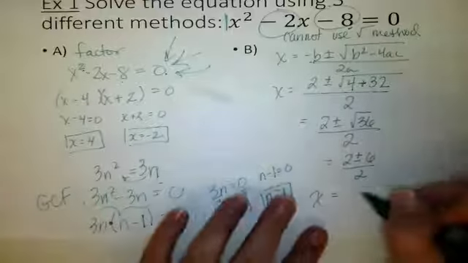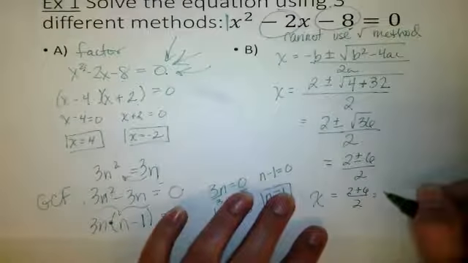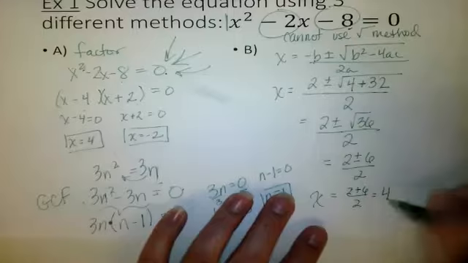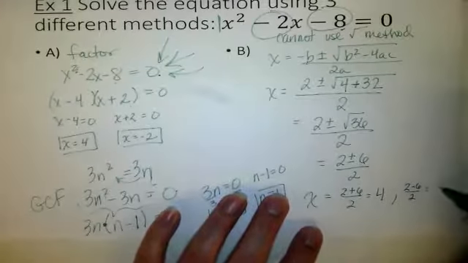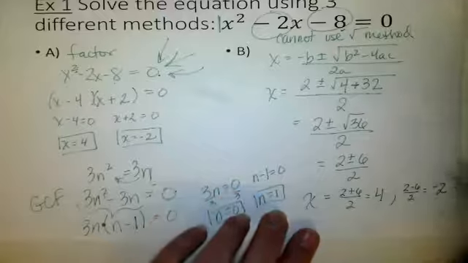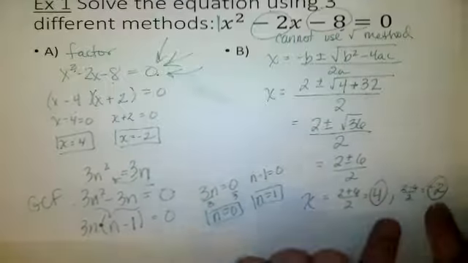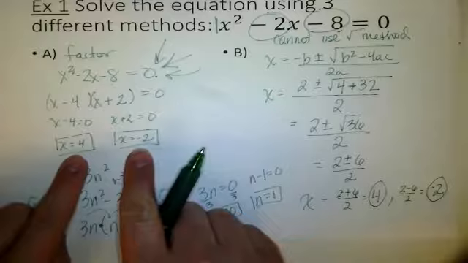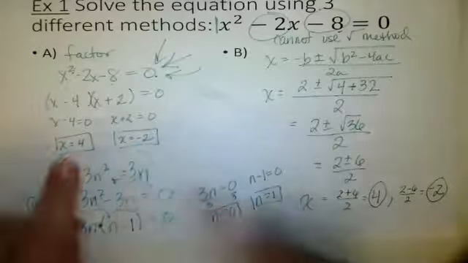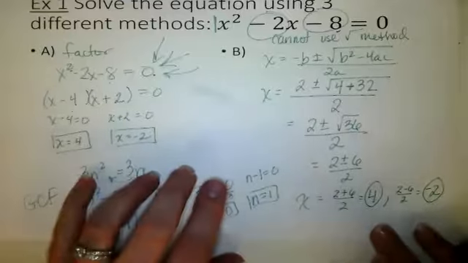You must simplify it. 2 plus 6 over 2 is 8 over 2, which is 4. And then you have 2 minus 6 over 2, which is negative 2. You'll notice we got the same answers, right? You should get the same answers, right?